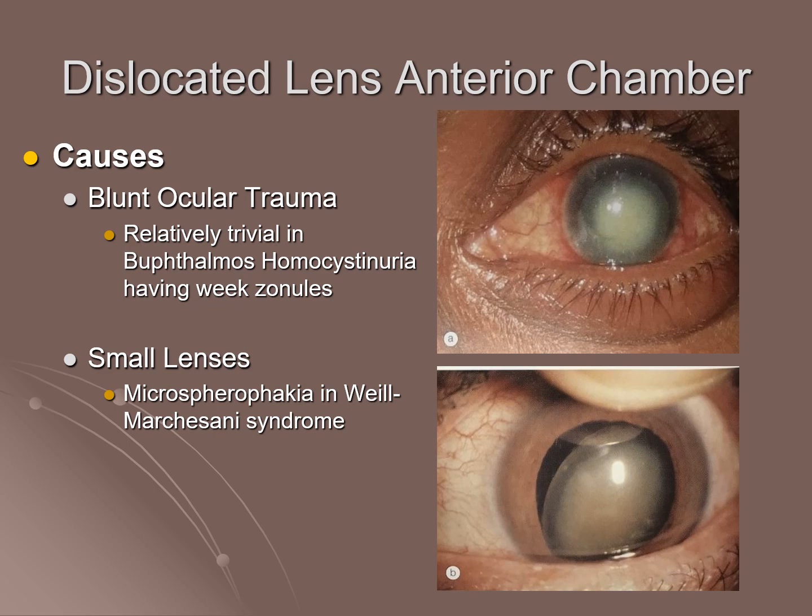Or in small lenses, particularly in microspherophakia and in Weill-Marchesani syndrome, where the zonules are also weak. So trauma can dislocate the lens into the anterior chamber. Here you can appreciate the lens dislocated into the anterior chamber, obstructing the pupil, and here it is incarcerated into the pupil, blocking the aqueous outflow through the pupil. So ultimately there is a rise of intraocular pressure.